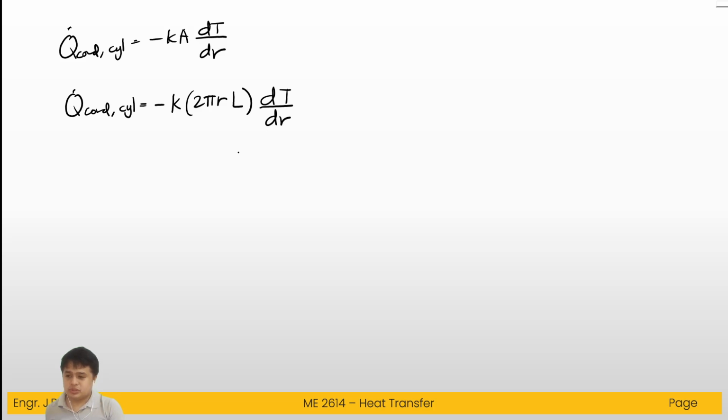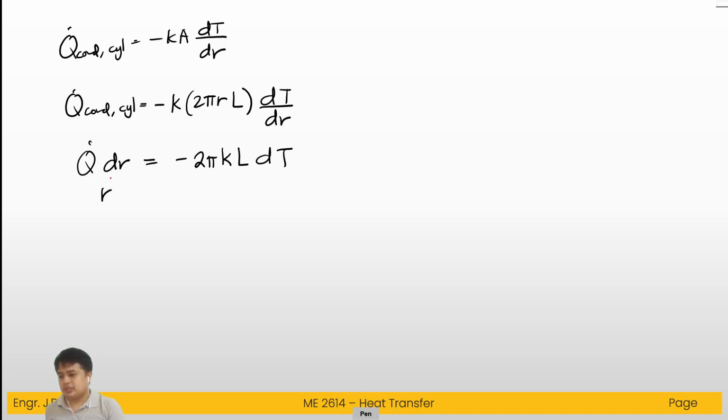Doing the variable separable, you have q dr over r, and then negative 2 pi kL dT.